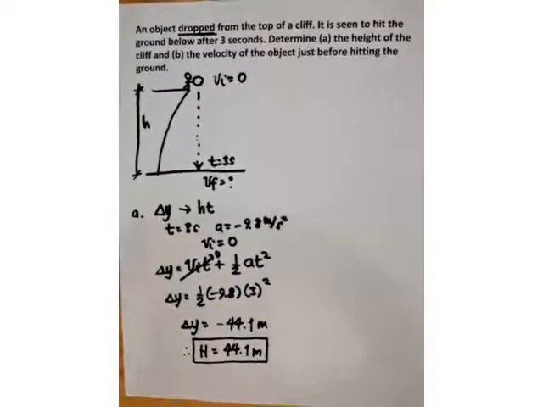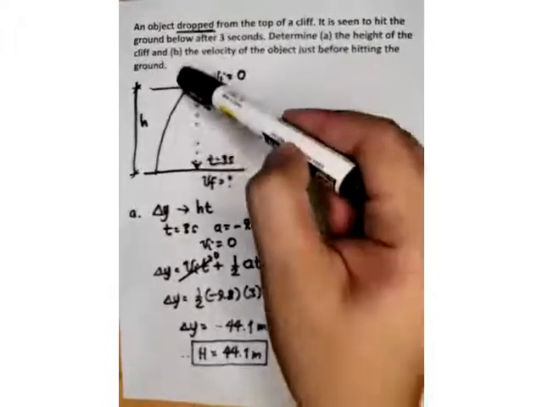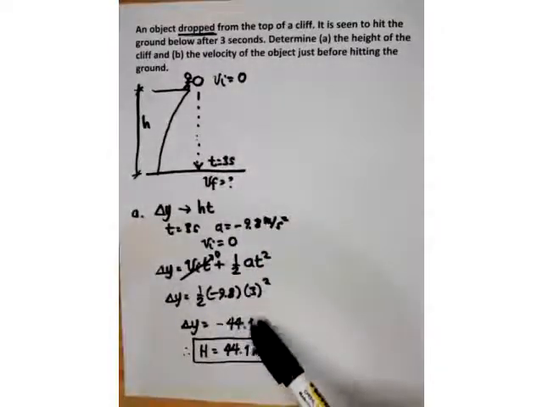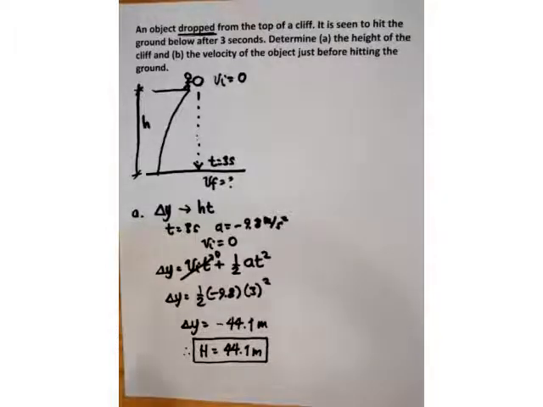The displacement is correct. Why is it correct? Because if this is our reference, it went down, right? So we're expecting a negative displacement. But we're talking of height. There is no negative height. So since it's related to displacement, we'll just get the positive one.